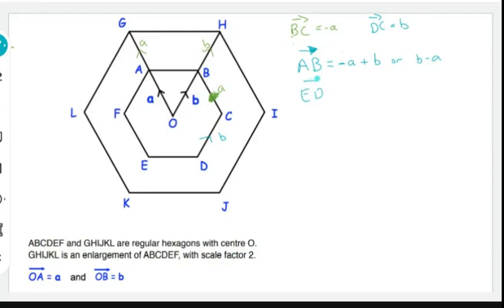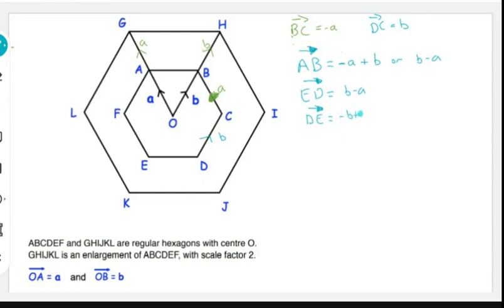B minus A. Yeah, it's the same thing because it's parallel, isn't it? Yeah. Okay. From that information, what would D to E be? Minus B plus A. Yes, perfect, because you're reversing everything.